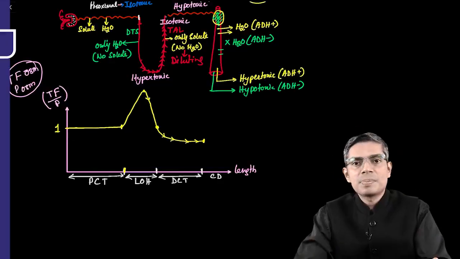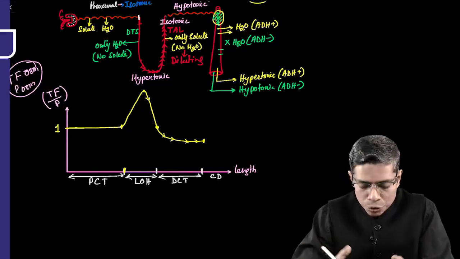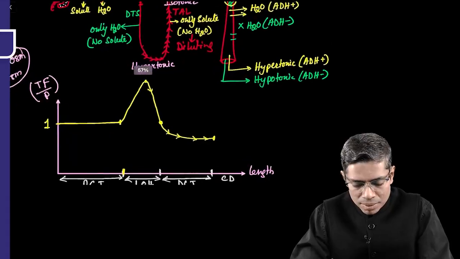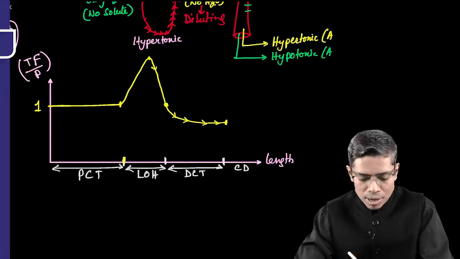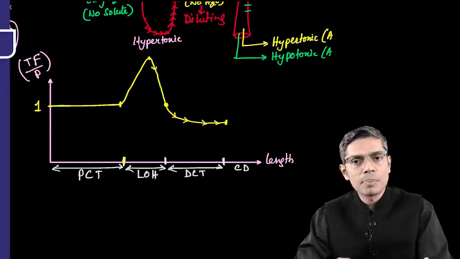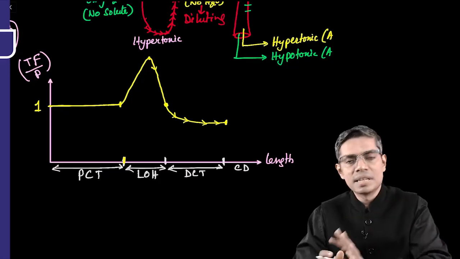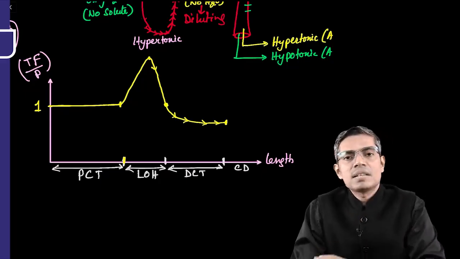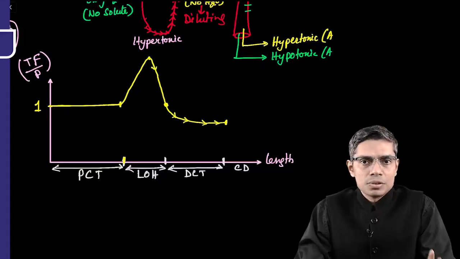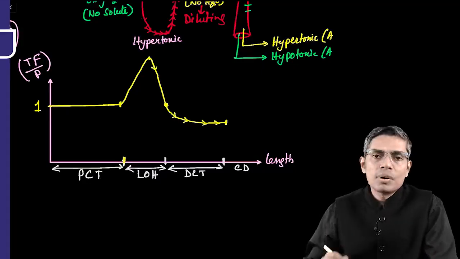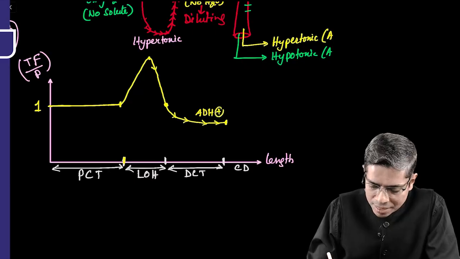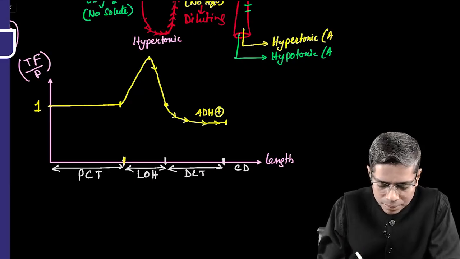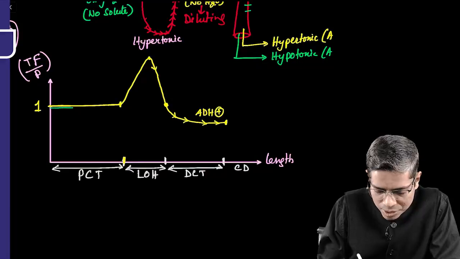So if ADH is present or absent, do you think this yellow curve that I have made here is going to change? The answer is no, because ADH has no action in any of these parts we have already plotted: PCT, loop of Henle, DCT. Suppose this yellow curve is in the presence of ADH, and I draw another curve in the absence of ADH.